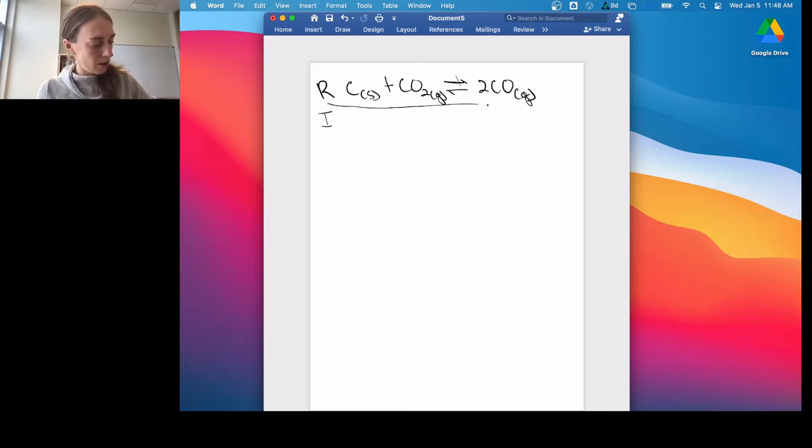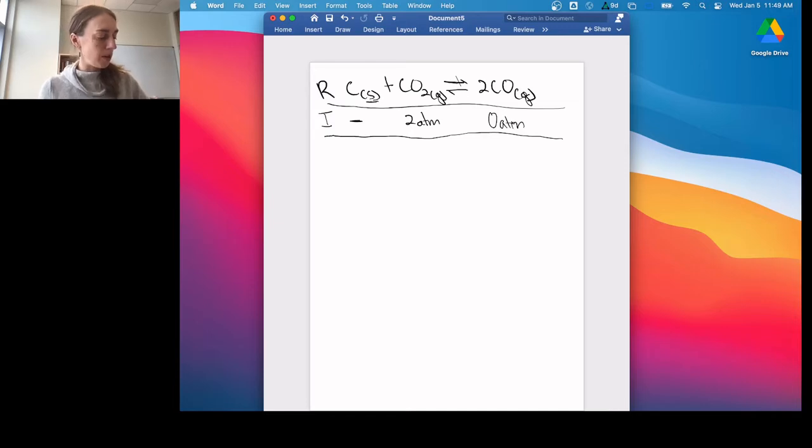Our initial partial pressures: we had 2 atmospheres of carbon dioxide, and we're assuming we initially have no carbon monoxide. And notice here, because this is a solid, we don't really have to include it in our figuring of this, so we can just put a dash for our solid carbon.